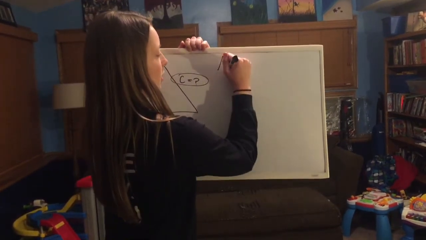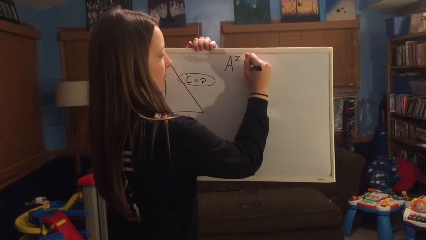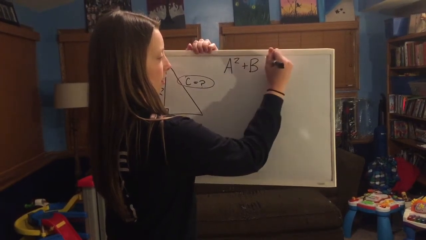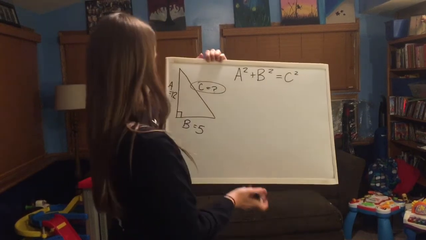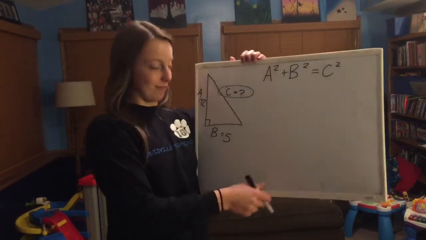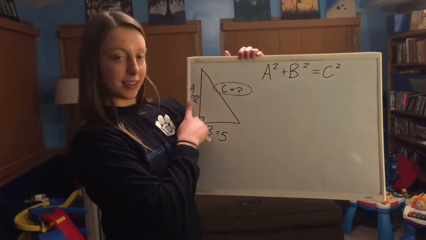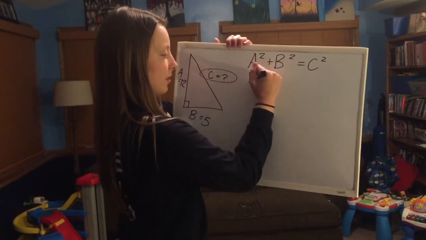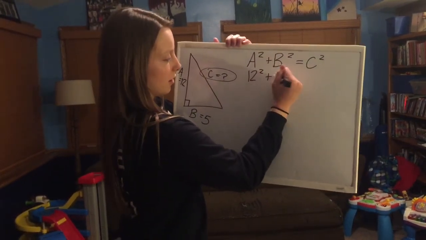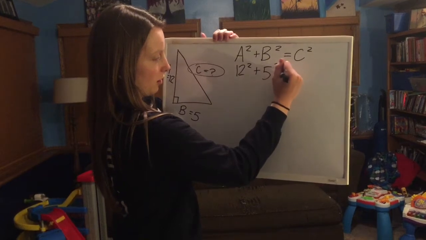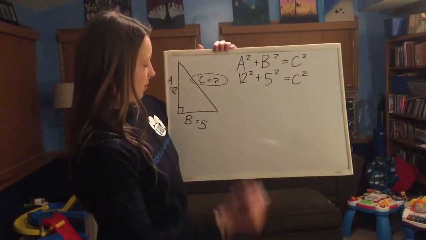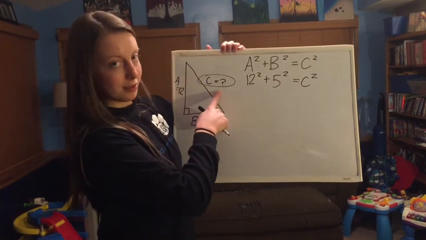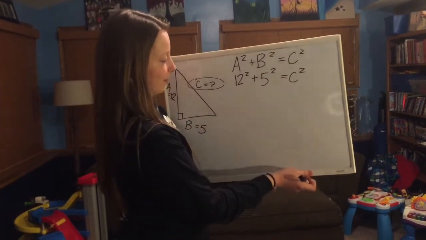So we're going to use the Pythagorean theorem, which is a squared plus b squared equals c squared. Alright, so let's take our 12 over here and we're going to put it in the equation. So write this with me. 12 squared plus 5 squared equals c squared. There we go, A, B, and C.